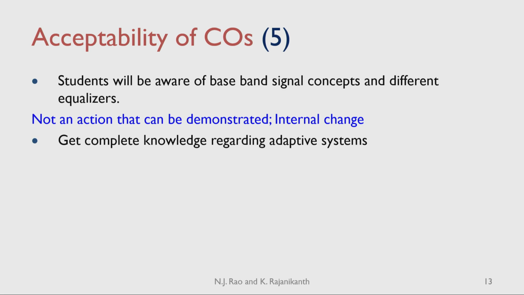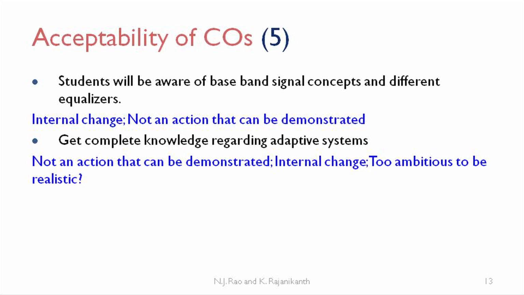Get complete knowledge regarding adaptive systems. Same problem, not an action that can be demonstrated. It is an internal change. It does not indicate what the students are expected to do or perform. Moreover, it is too ambitious to be realistic.